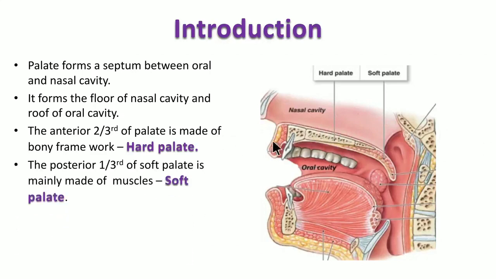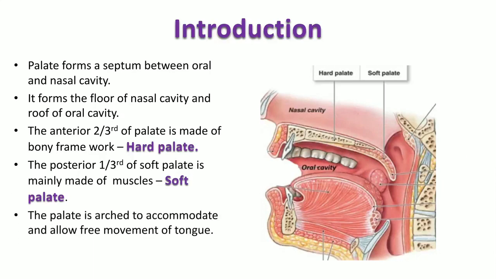While the anterior part or the bony palate is mainly made up of bones, the posterior part is made up of muscles. Five pairs of muscles comprise the soft palate. Both are covered by the mucous membrane, and both the hard and soft palate have mucous glands, which secrete mucus. Apart from that, in the soft palate you also have taste buds.